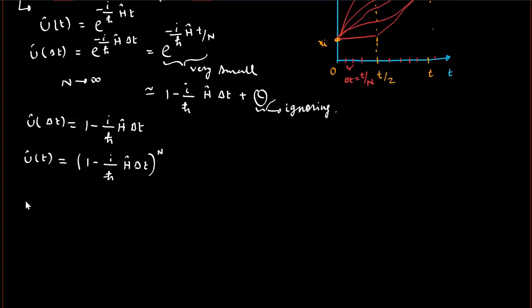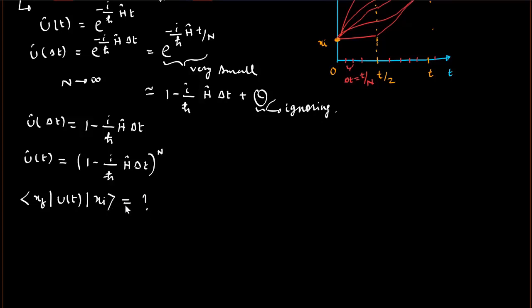Now I can calculate our path integral, that is <x_f|U(t)|x_i>, which is equal to what?